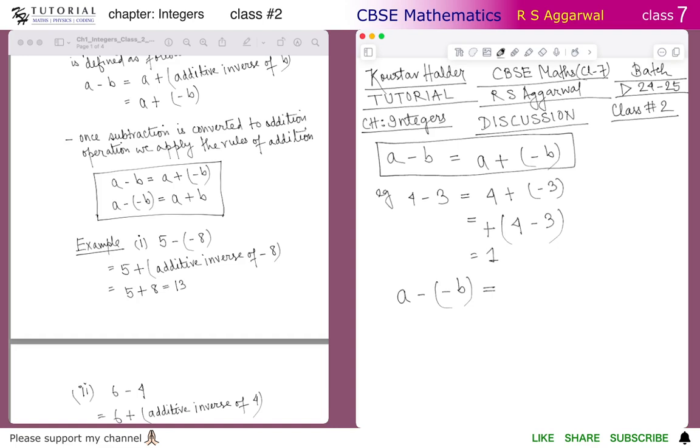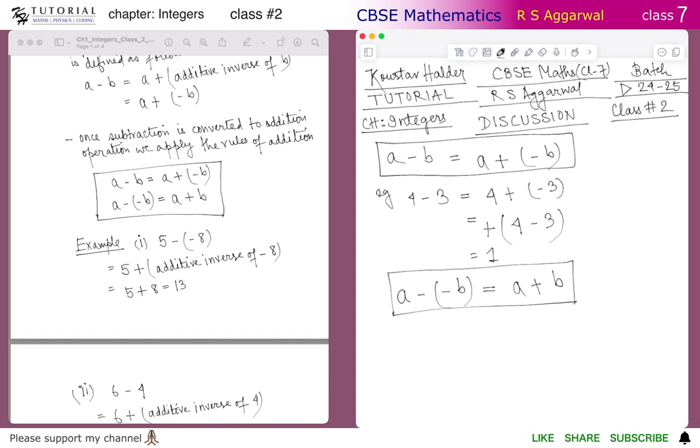In this case, we are subtracting minus b from a. So we will add to a the additive inverse of minus b. Now what is the additive inverse of minus b? It is b. So these two formulas you should always remember.